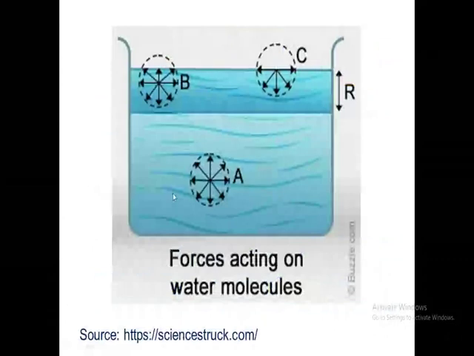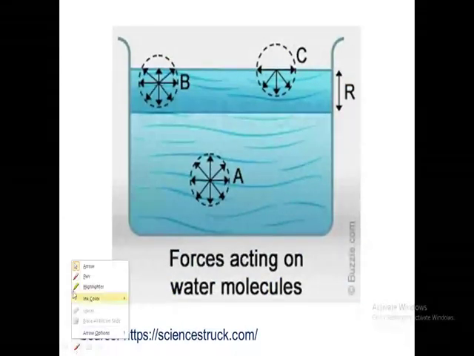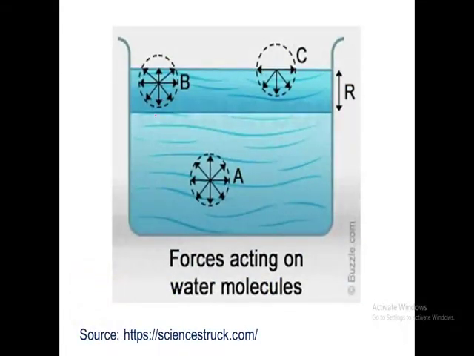What it means? Look at this diagram here. Let's say, for example, this is the water in a beaker, right? Let's say I have a water molecule here at the center, and I have one more water molecule here.